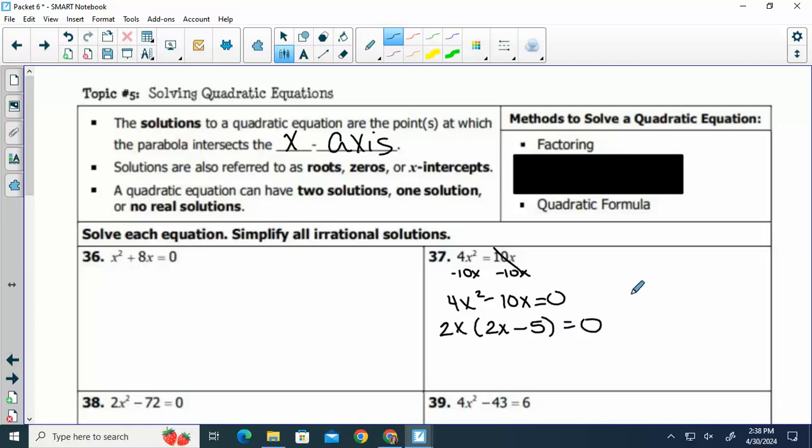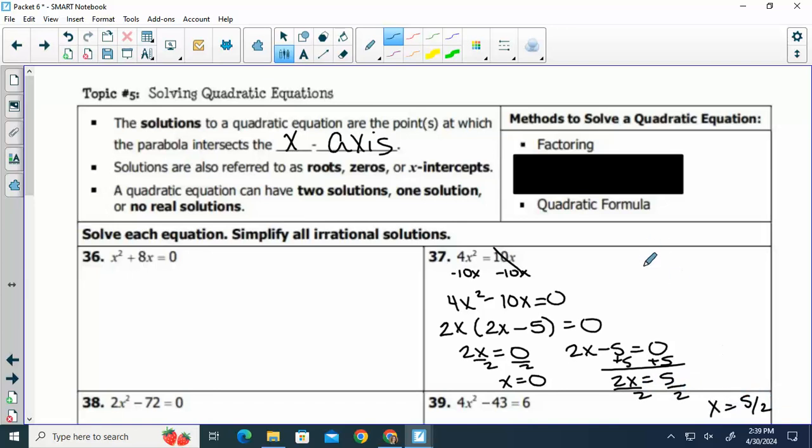And once we have it factored, what did we do? Divide. We get 0. And 5 over 2.